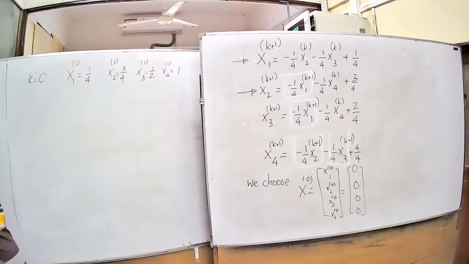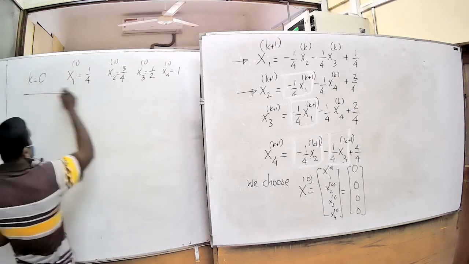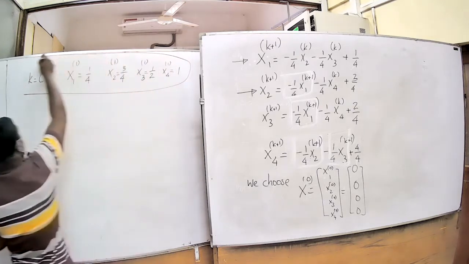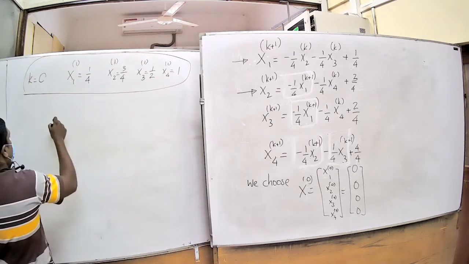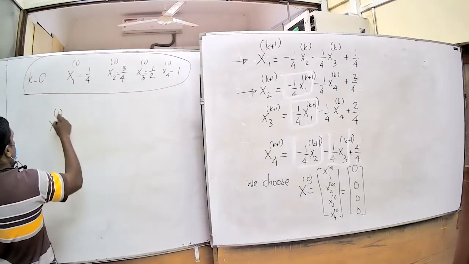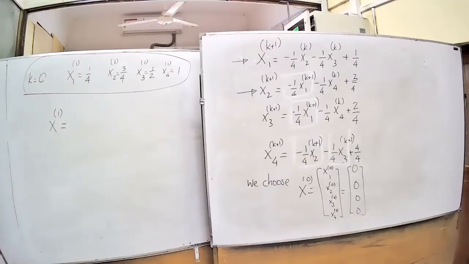In this case, you have to choose one by one. So your x1 is going to be 1/4.